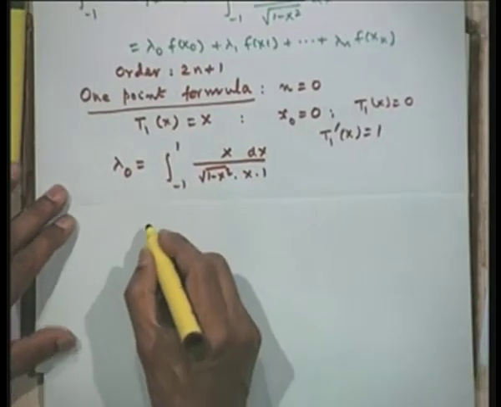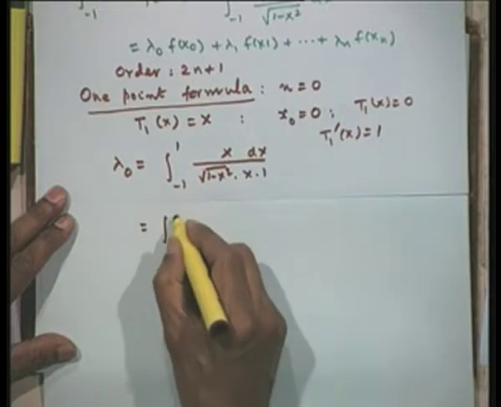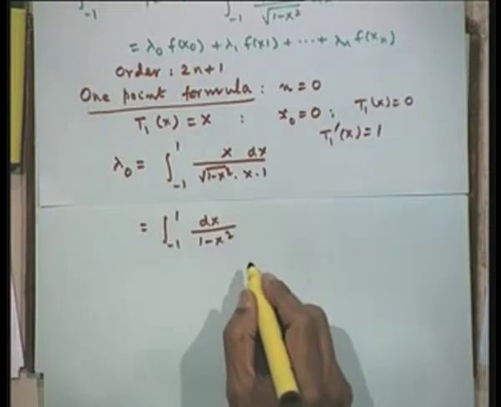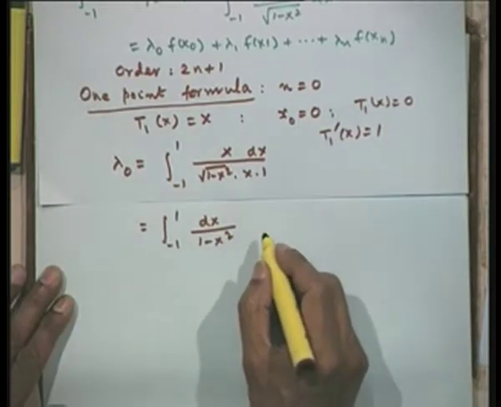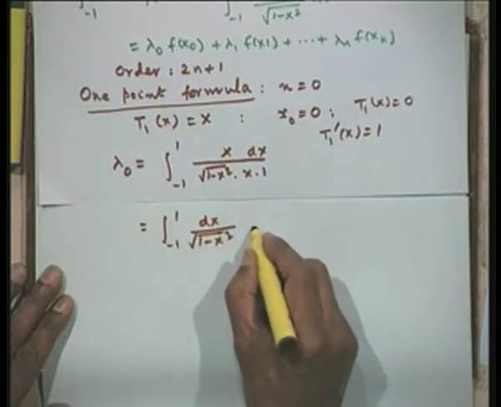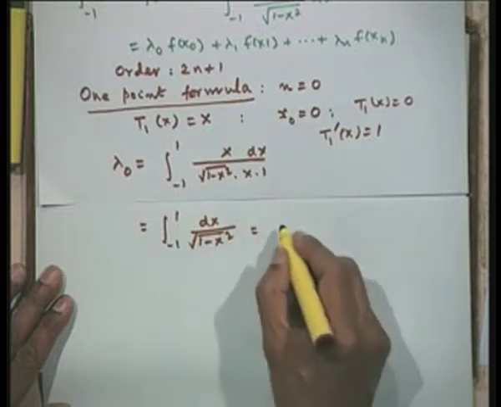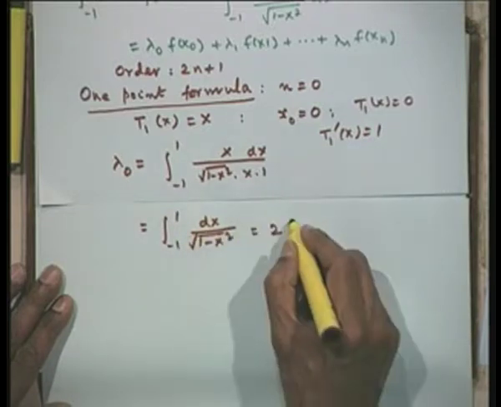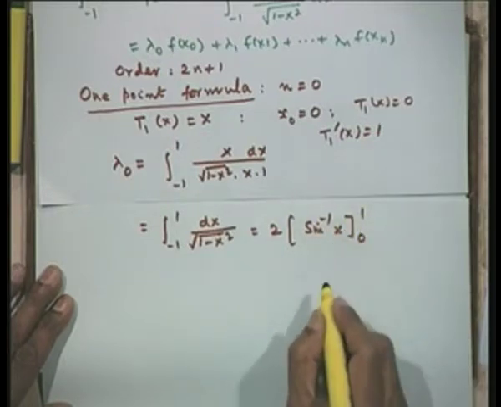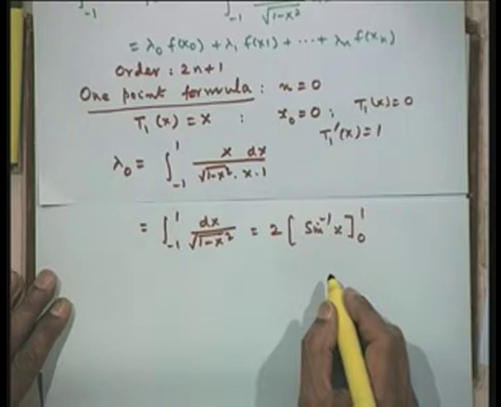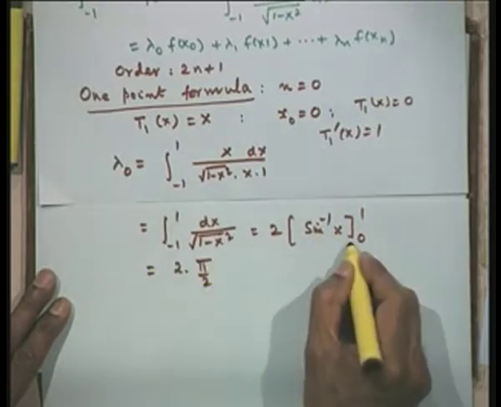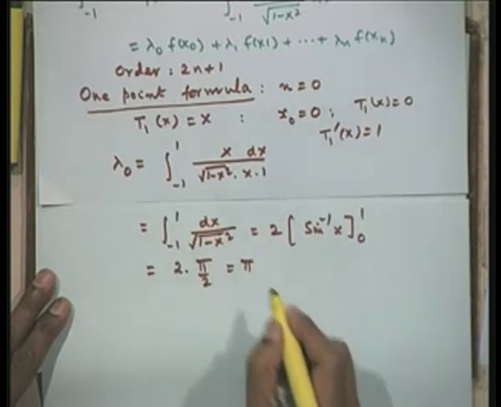So, let us just simplify this. This is equal to the integral from minus 1 to 1 of dx upon under root of 1 minus x squared, and this is simply sin inverse x. So, I can write 2 times the integral from 0 to 1, that is sin inverse of x from 0 to 1. That gives me 2 into pi by 2, sin inverse 0 is 0. So, I will get simply pi.